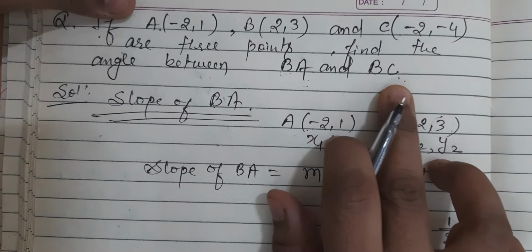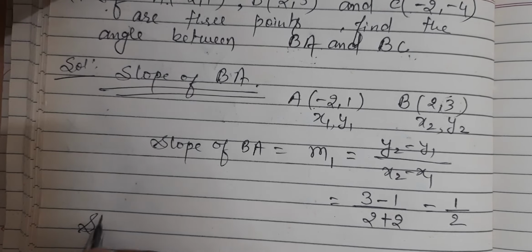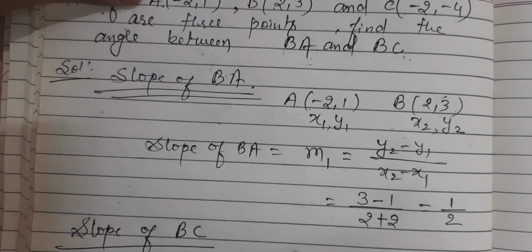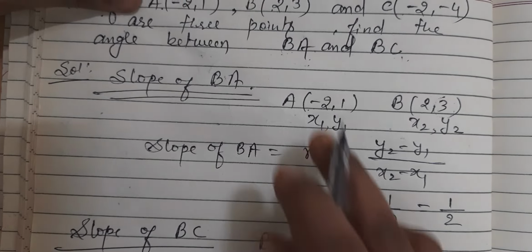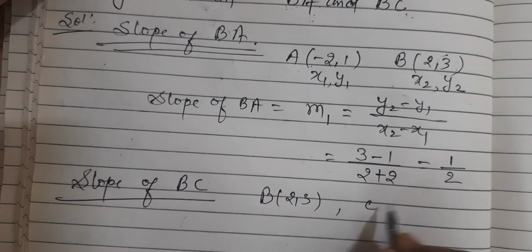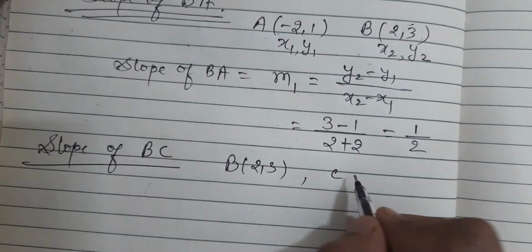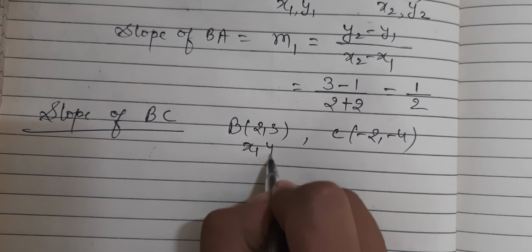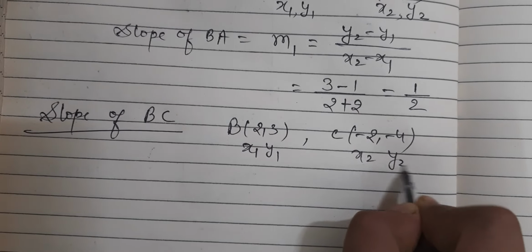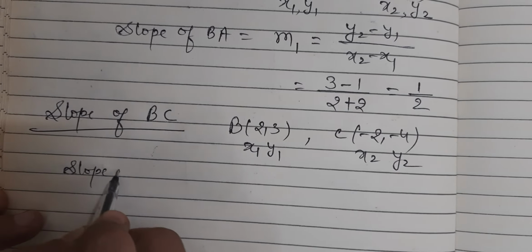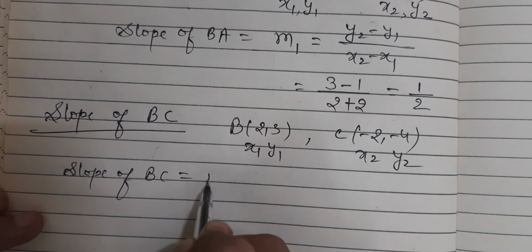Now the other line is BC. So now we'll find the slope of BC. Point B has coordinates 2, 3 and point C has coordinates minus 2, minus 4. So let this be x1 y1 and this be x2 y2. The slope of BC, let it be m2.